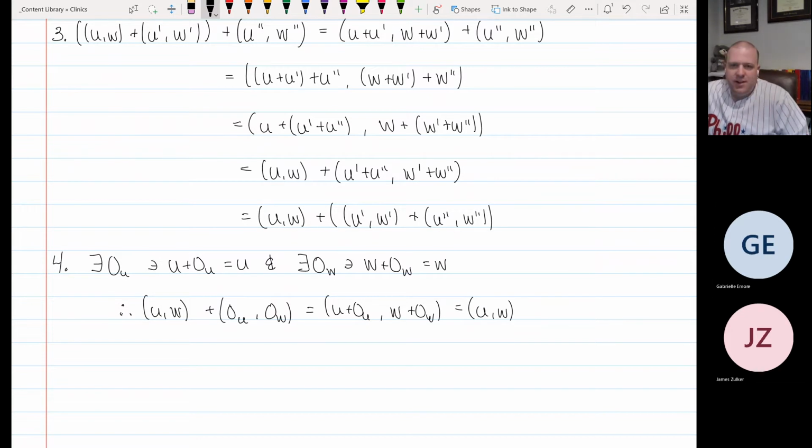We get U plus 0 U, which is just U, and then W plus 0 W, which is just W. So that is our additive inverse. I'm sorry, our additive identity.